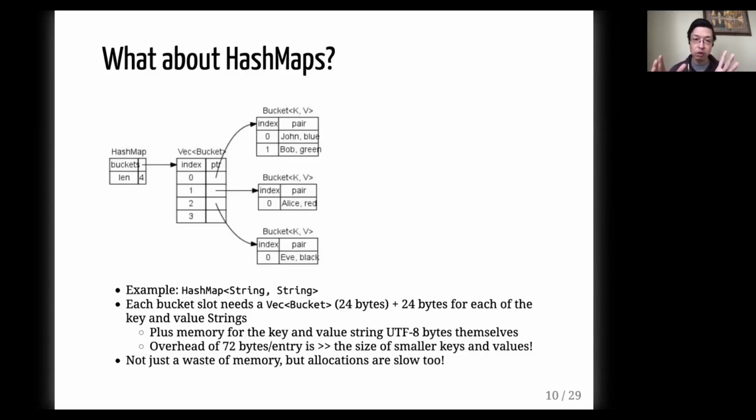Now, let's assume that each bucket has one entry, for the case where there are no collisions. Then you add in the pointer for the bucket, which is basically like a vec, like a list. So that pointer actually takes up another 24 bytes, meaning the overhead is up to 72 bytes per entry.